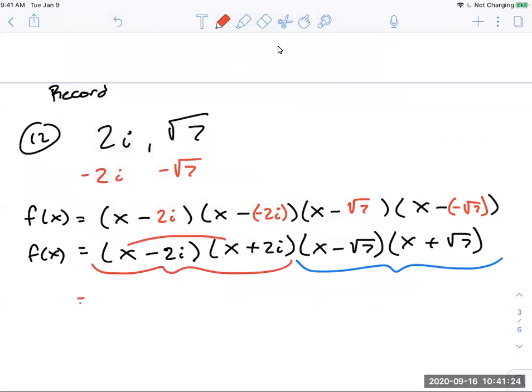x times x is x squared. x times 2i is a positive 2ix. Negative 2i times x is a negative 2ix. And a negative 2i times a positive 2i is a negative 4i squared.